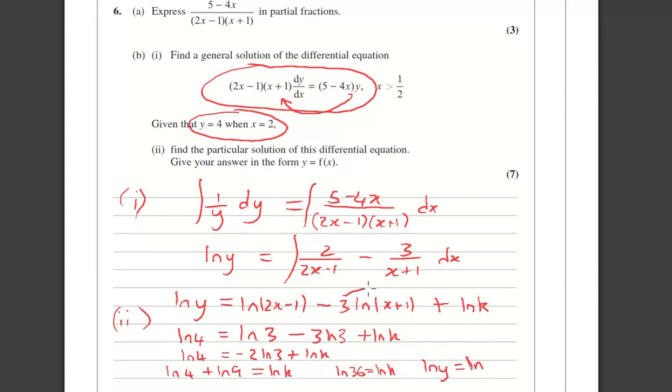And let's also put the 3 up there as a cubed. So it's going to be 2x minus 1 over x plus 1 cubed. And then we're going to be adding ln 36, and we can tidy that up even more.